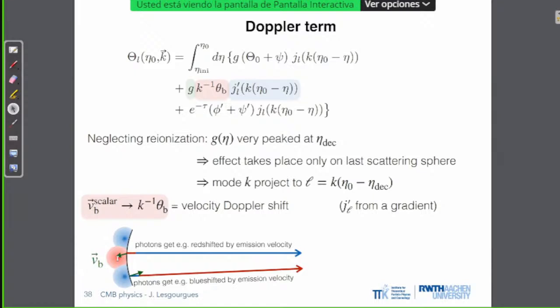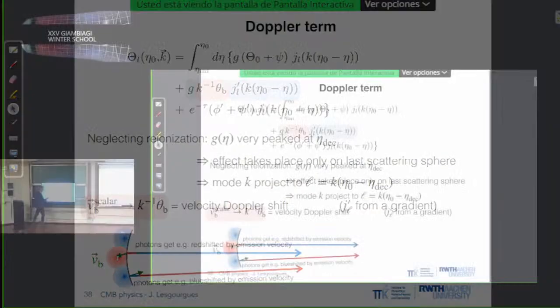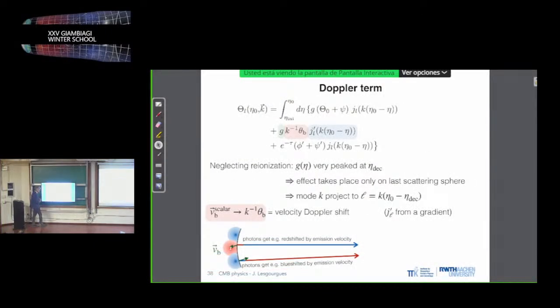Not the gravitational Doppler shift, the usual Doppler shift coming from velocities and from the projection of this bulk velocity on the line of sight, such that the photons here, if they were moving to the left, it's just an example, seem to have a smaller wavelength to us, so they seem to be redshifted by the Doppler shift, and vice versa for these photons whose bulk velocity is pointing towards us. So this is a correction to the first effect. We will see that, yes.